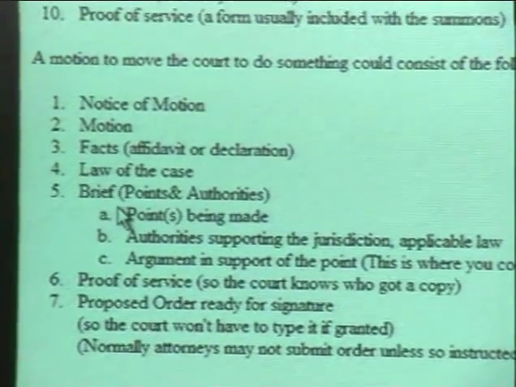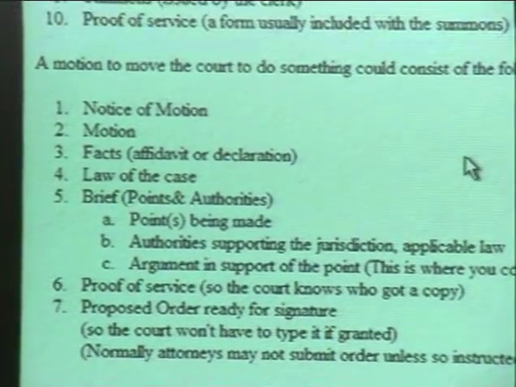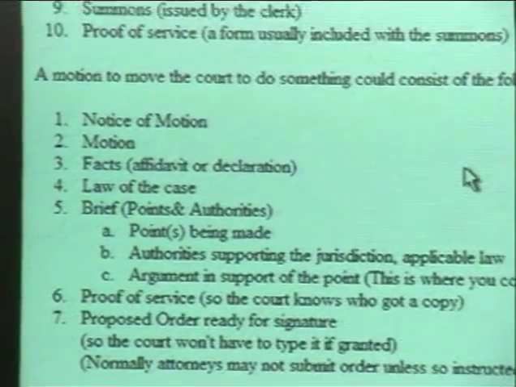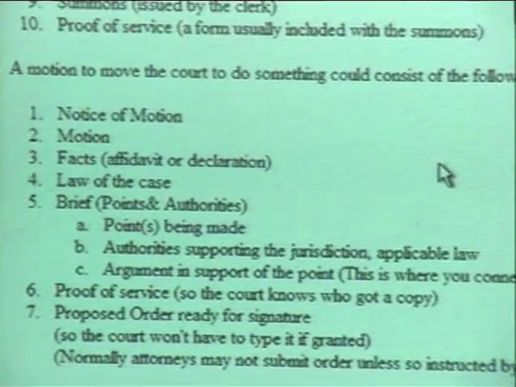Now the brief, also called points and authorities. In California they say points and authorities, in other states they say briefs. But basically, what a brief does is it brings the whole picture together. So a brief states what the law is, states what the facts are, but not as an affidavit. It states it as a pulling from your affidavit, okay?